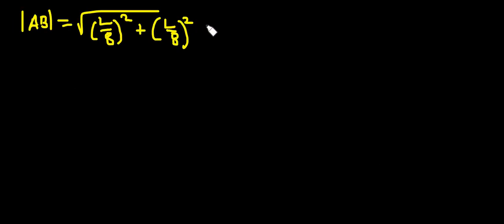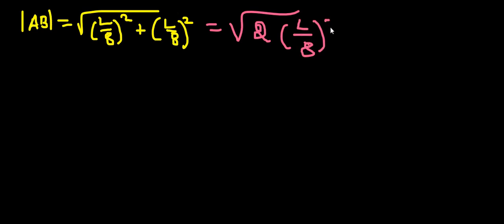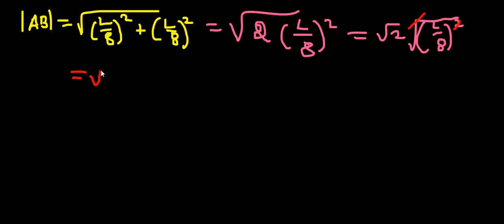By continuing, we will be getting the square root of 2 times L by 4 whole square. Now here the root and square get cancelled, but the remaining is going to be root 2 into L by 4.